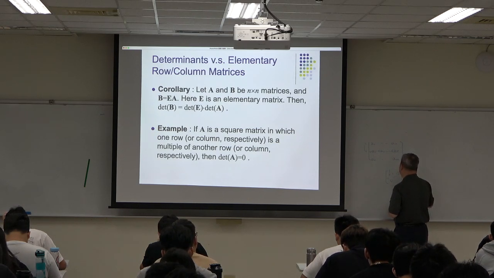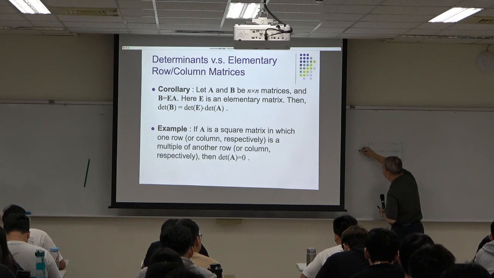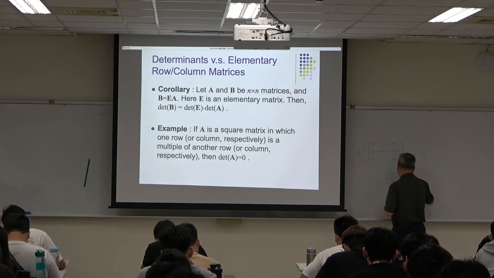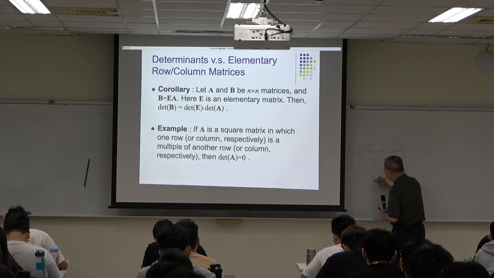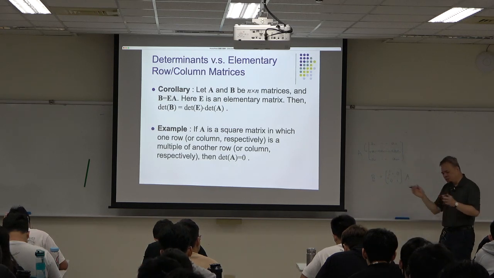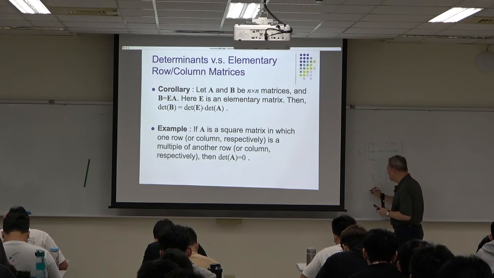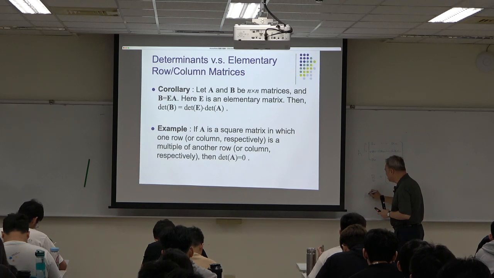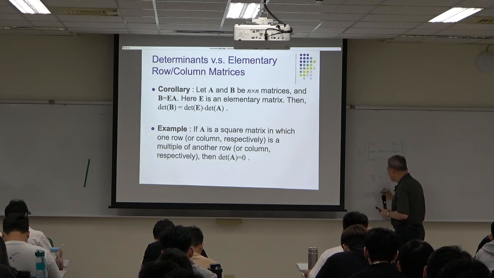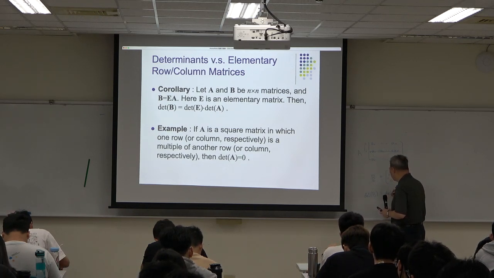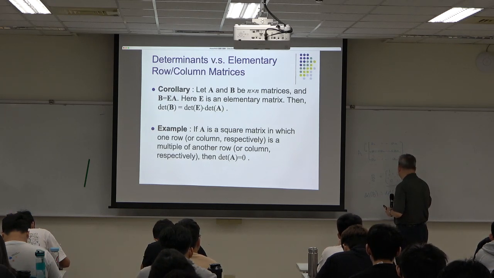Okay, let's say the original matrix is A. You multiply A and you get a B, and the B will have one row to be 0. Okay, and we know the determinant of B will be the determinant of this thing, which is E, times the determinant of A.